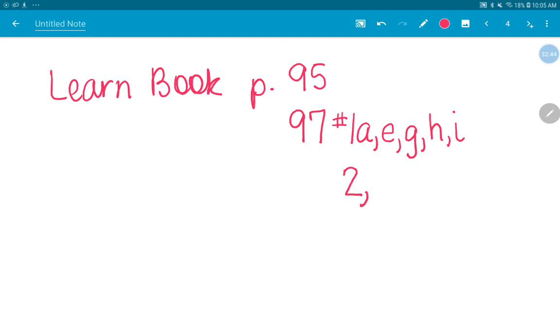On the back, you're circling 3, 4, and 5.